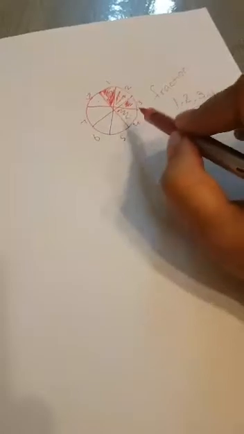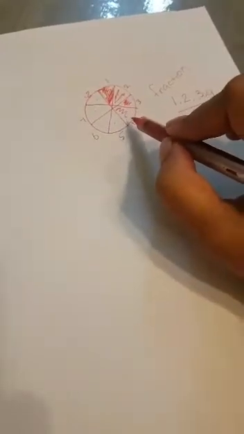Same like this, keep on doing. 3/8, 4/8. 8 will remain the same because the total number of divisions is 8 in this pizza or this shape. But the people who are eating its portions, we just keep mentioning them up.